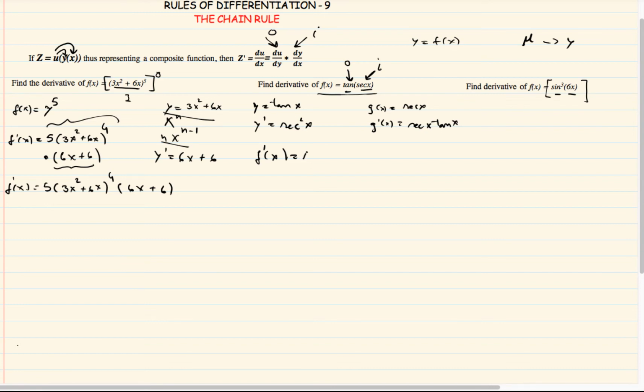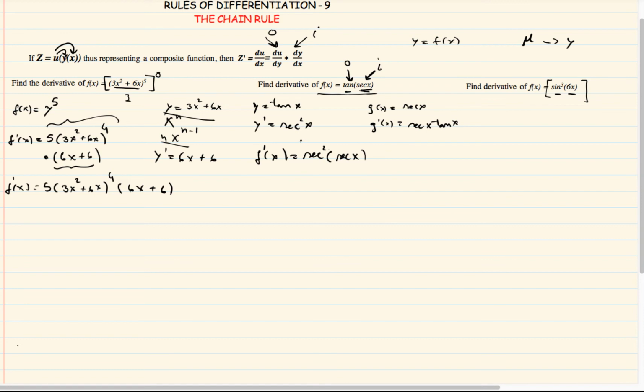sec square of x, which is the derivative of the tangent. In this case now, the difference is that the argument is not x. The argument of this tangent is secant of x. So we have secant square of x of secant of x, which is the argument we have in this function.